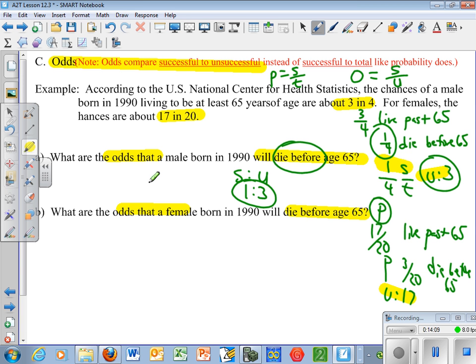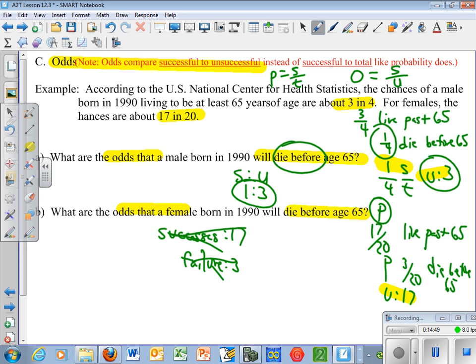So we're talking about that they will die. So successes are 17. Failures or unsuccesses, I call them unsuccessful over there, but failure would be 3. So we're really talking about this being... oops, I'm sorry, that means I have that backwards.